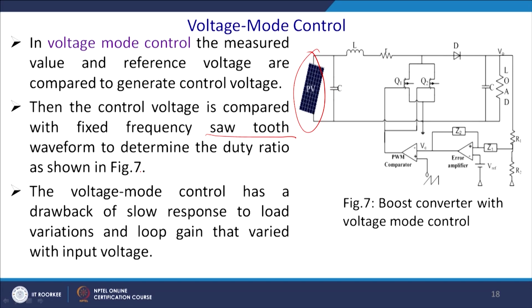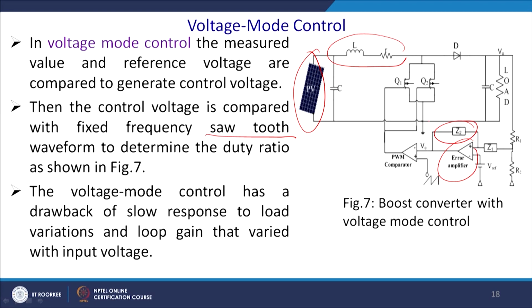So, this is the PV panel, then you have an input capacitor, then you have an inductor, and thereafter you have both the switches. It can be internally a power converter, or you have to increase the current rating, maybe due to that reason you require the 2 switches, then followed by the diode, and ultimately you will have the reference voltage here, and that can be compared with the actual voltage, and this is essentially the error amplifier.